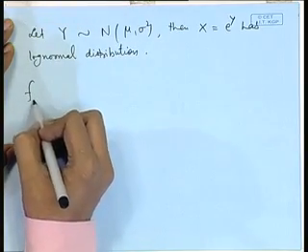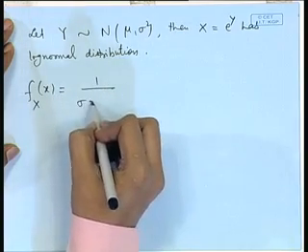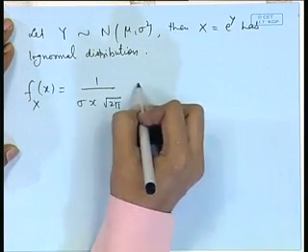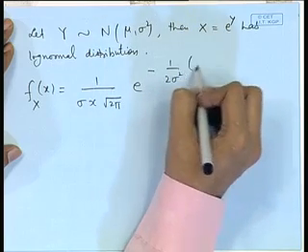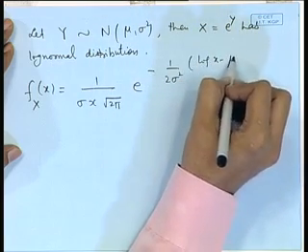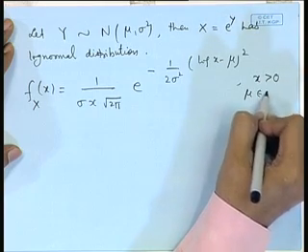The density function of the log normal distribution will be given by 1 by sigma x root 2 pi e to the power minus 1 by 2 sigma square (log x minus mu) square. Here x is positive, and mu and sigma as usual.